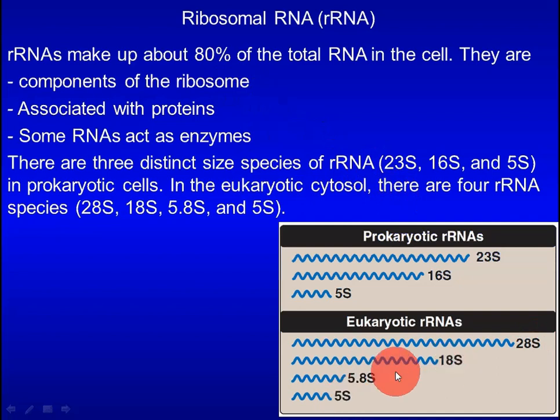These first 3 species, each with a number 8 in it, come from the same gene, which is transcribed into one large precursor and split into 3 species. 5S rRNA comes from a totally different gene.